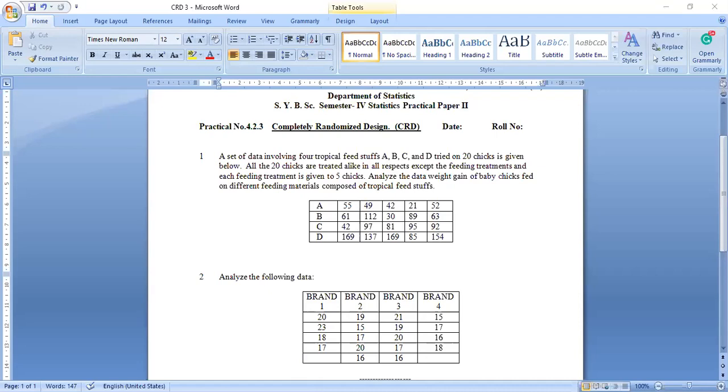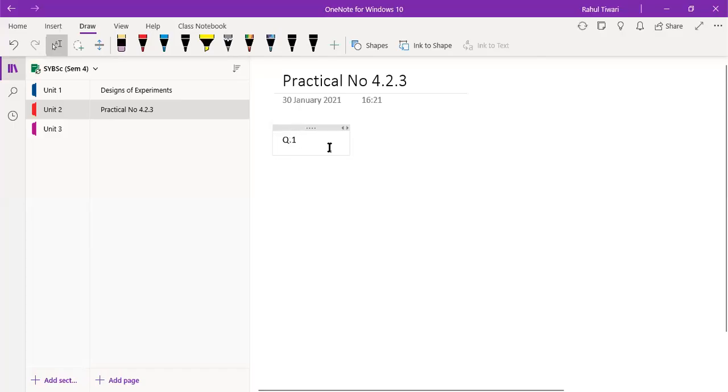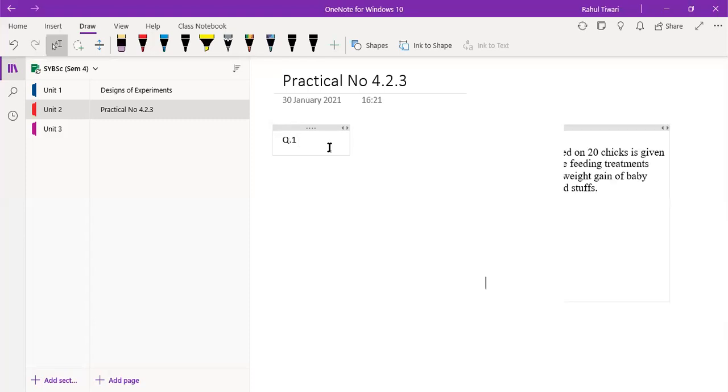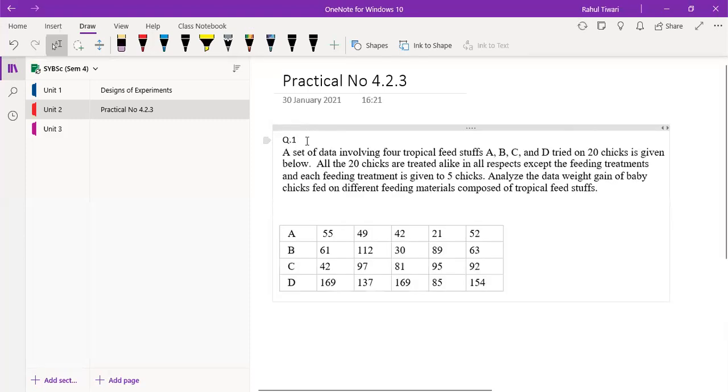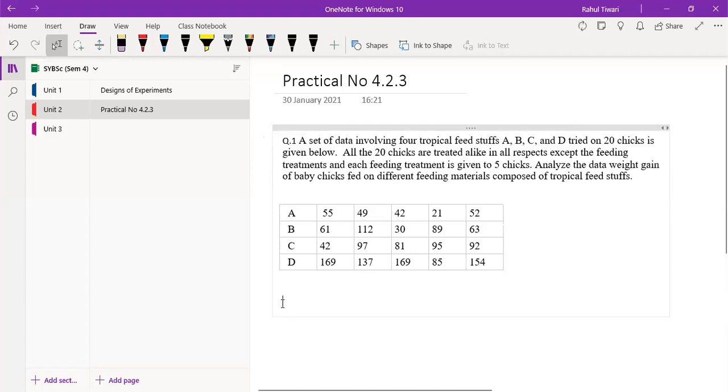Equal, number 4.2.3. So what you have to do first, you need to just write down.